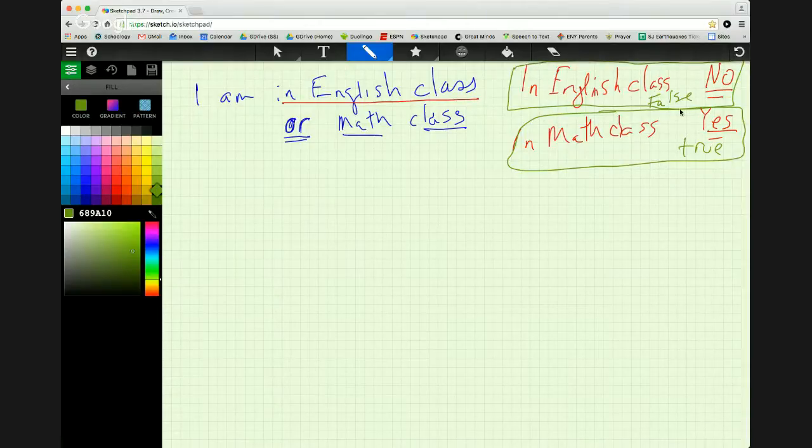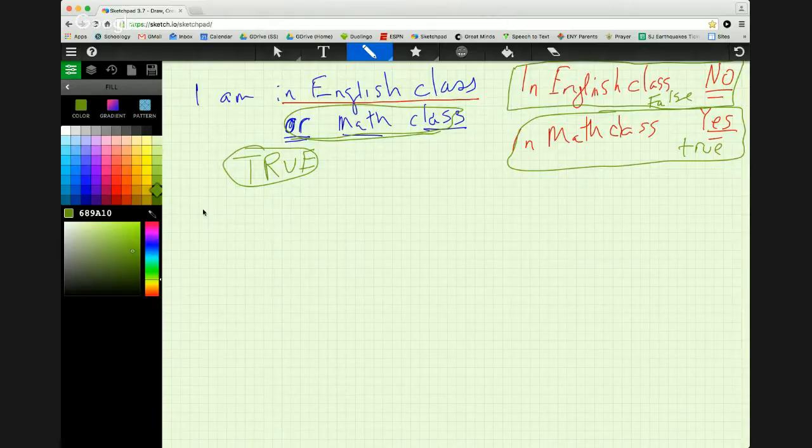So let's look at this statement, I am in English class or in math class. It's like saying, am I in one place or the other? Well, I am in one of the places. I am in math class. So this whole sentence is true, because I'm in math class.